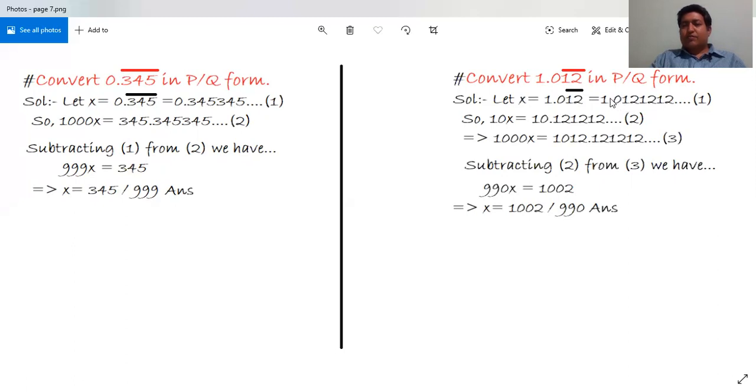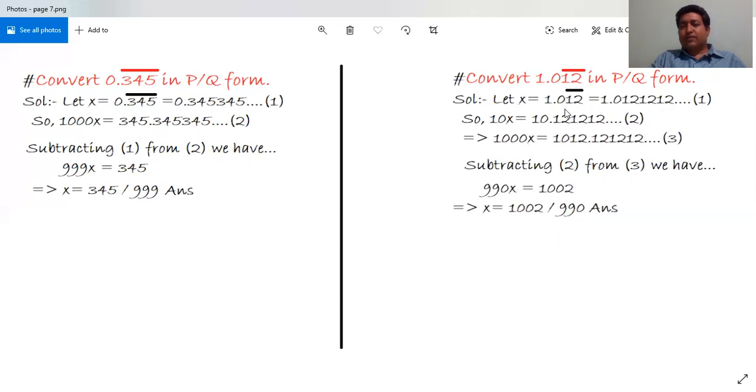So now you have to make this x a number having a repeating decimal part immediately, right? For that you have to multiply x by 10. So we have 10x is equal to 10.121212. Now this 10x has the repeating decimal digits, right? Since we have obtained one number, now we have to get another. So now you have to multiply this 10x by 100, so we get 1000x is equal to 1012.121212.